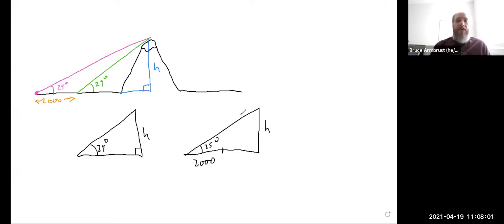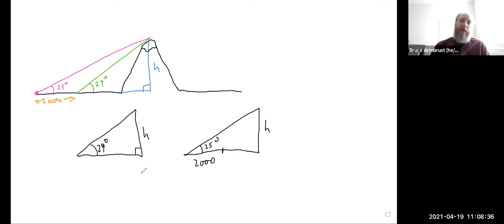All right, so let's just think about what we need. If we're going to figure out the height, given some angles here, what else do we need? What other information do we need to have in order to calculate that height? Well, how about this?